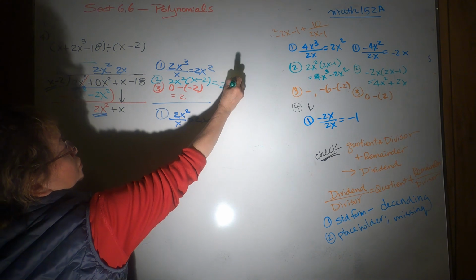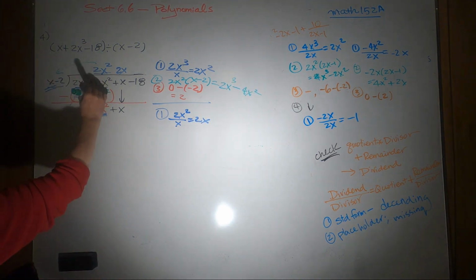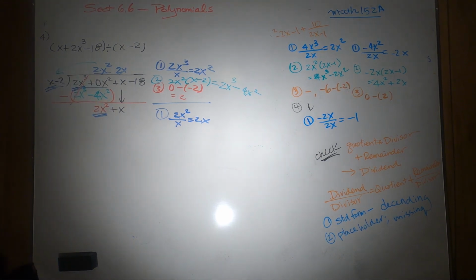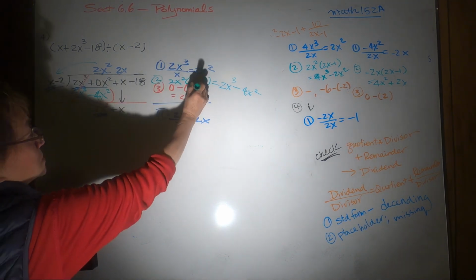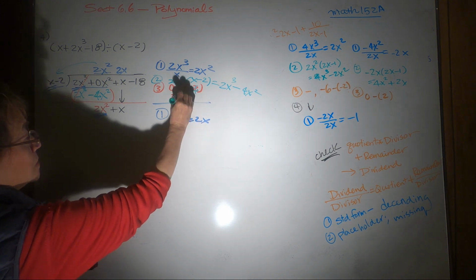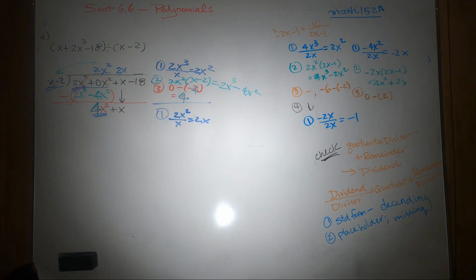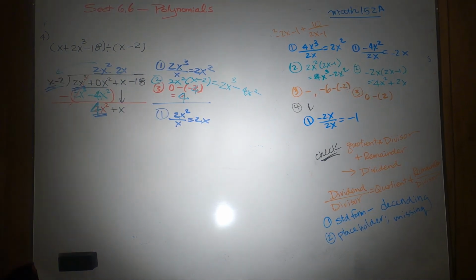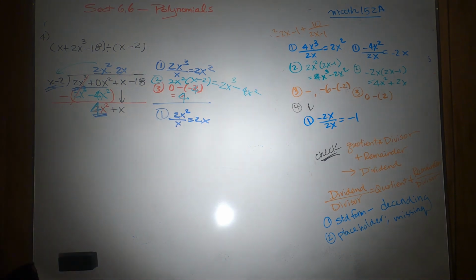So 2x cubed minus what? 4x squared. That's why I have 4 here. If I have 4 there, 0 minus negative 4 is 4. That should be 4 here. So if you have a mistake, everything that follows will be wrong. So if it's 4x squared here, that's not 2x squared anymore.